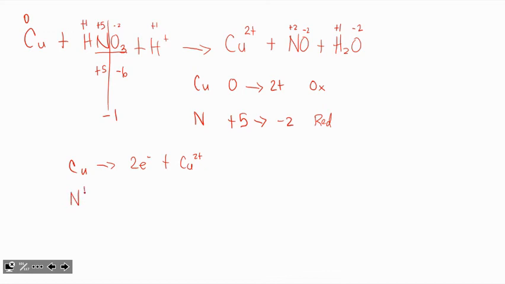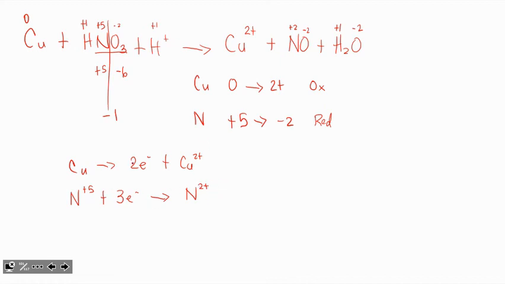So our nitrogen went from a +5. That +5 gained 3 electrons, and it became nitrogen with a +2 charge. So now we need to look at our least common multiple.